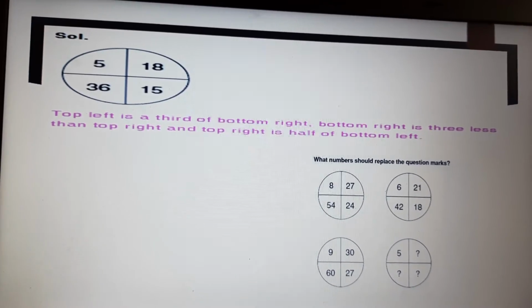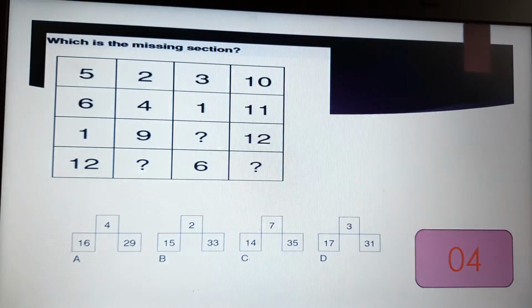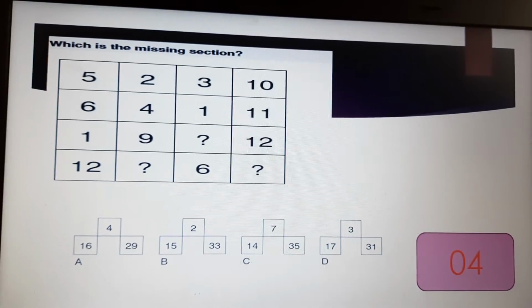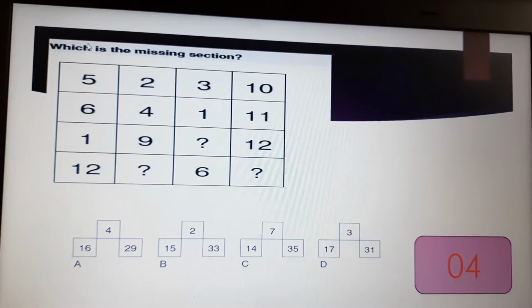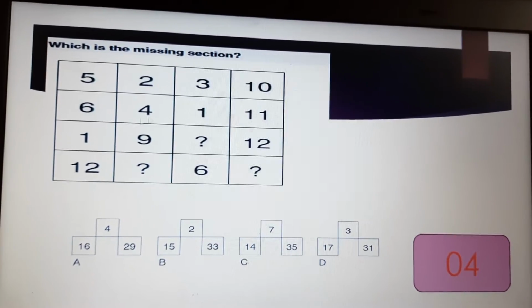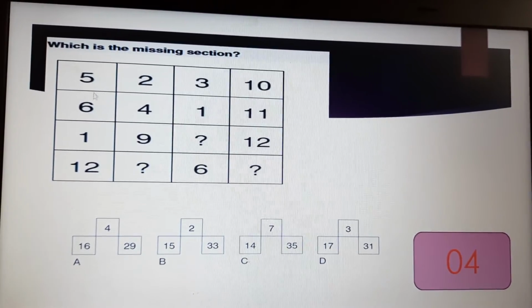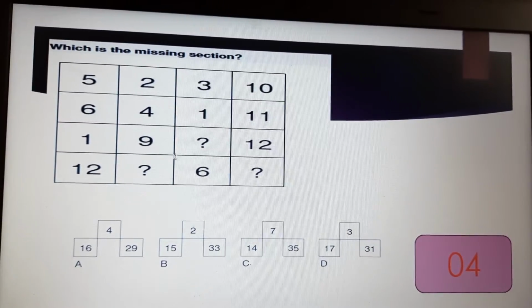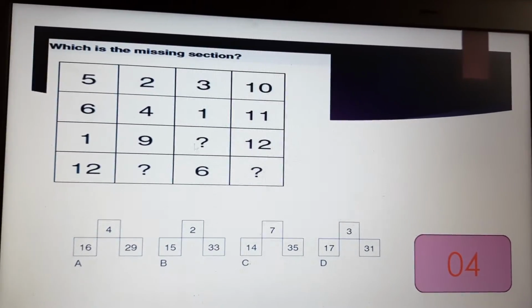Let's move on to our next question. Which is the missing section? So we have 4 rows and you need to find the missing numbers in the third row and fourth row.